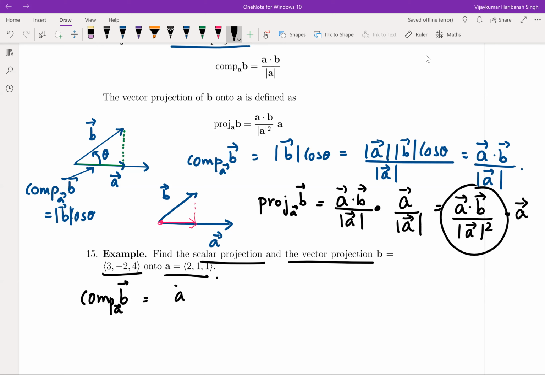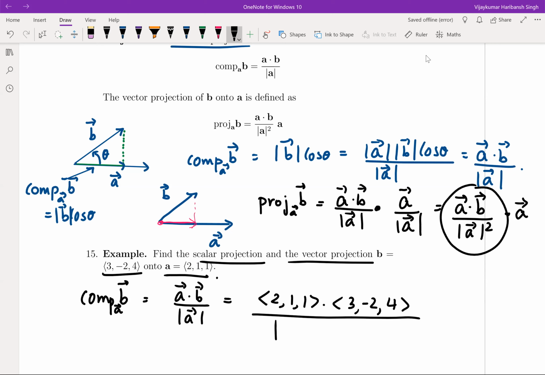It's going to be A dot B over the length of vector A, which is (2, 1, 1) dotted with (3, -2, 4), divided by the length of (2, 1, 1).